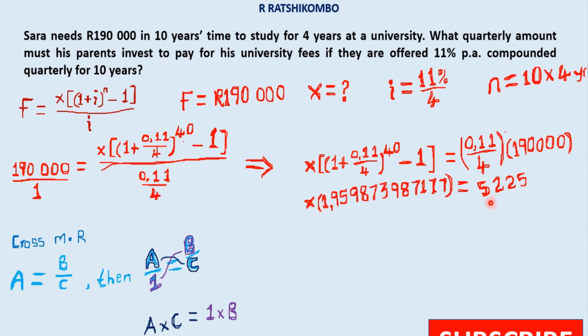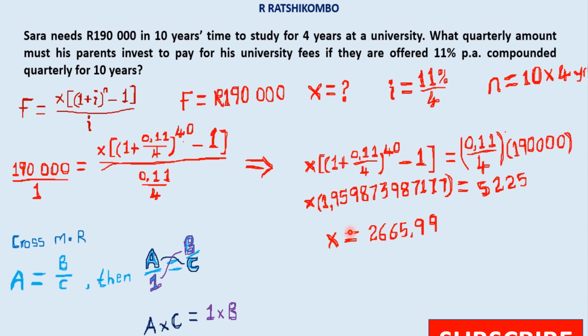We will also divide the right hand side by exactly this number. Once you do that, the only value left on the left hand side will be x.